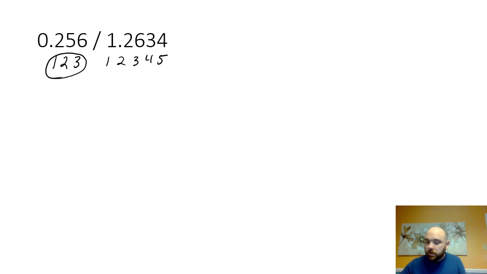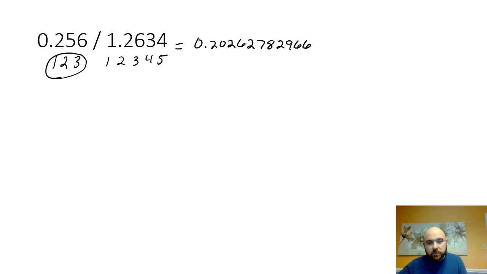But that's a little inconsequential because we know we're going to be rounding down to 3 significant figures because of this number here. So when we punch this in our calculator, 0.256 divided by 1.2634, we arrive at the answer, pretty long one in this case, 0.20262782966, and who knows, it may keep on going from there. That's just where the calculator stops. So again, we know we're going to round this down to 3 significant figures.